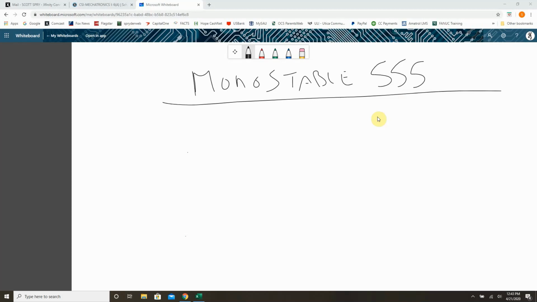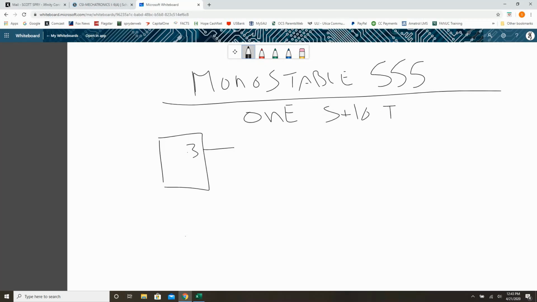All right, so another name for a monostable, remember mono being one, is called a one-shot. So basically what that does for us, if we have our 555 timer and we have our output, which is on pin 3 of course, how we set it up with our discrete components, a monostable gives us a one-shot pulse.